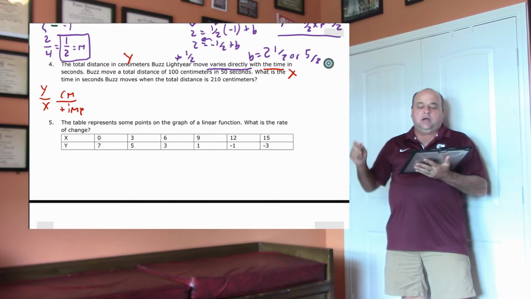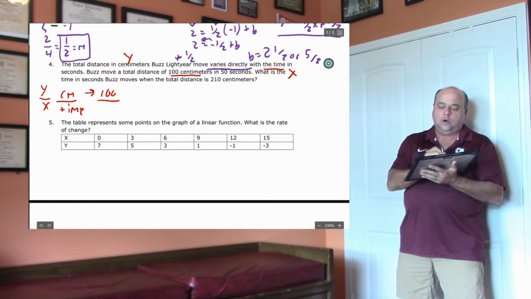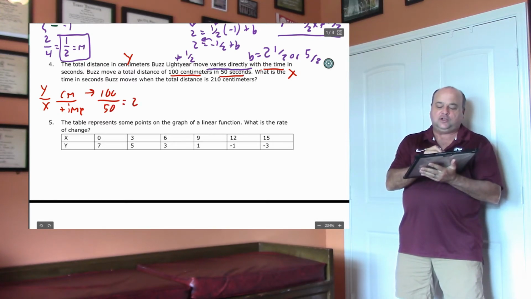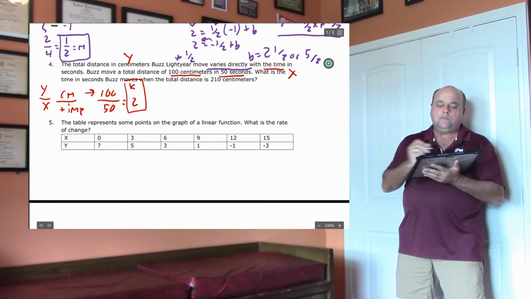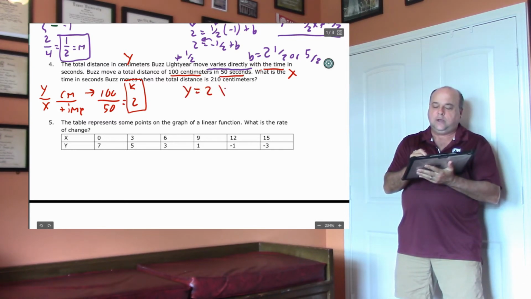Okay, Buzz moves a total of 100 centimeters, that's our y, over 50 seconds, that's our time. That would simplify to 2, which is going to be our k. So we know our k is 2, so write down y equals 2x.